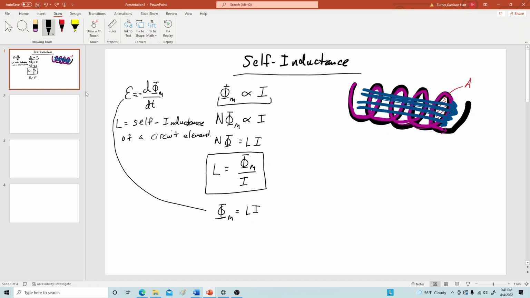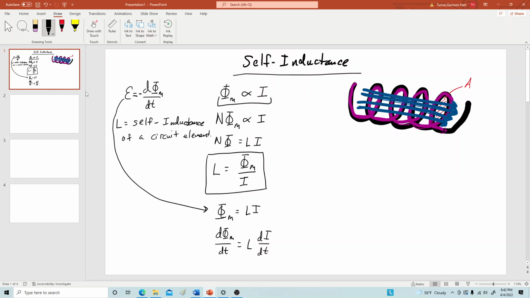I want to connect this with Faraday's law. And so I'm going to take the time derivative of both sides. But the time derivative of my inductance, L, is 0 because it's a constant. So it comes out of the derivative, and this would just be di dt.